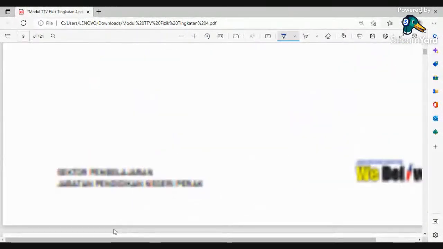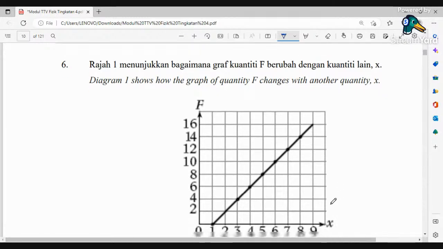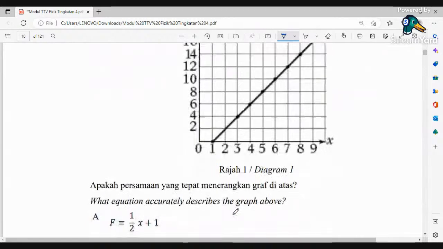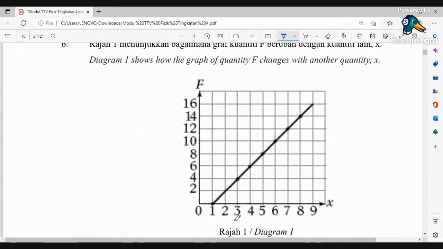Okay, we go to the next, number 6. Diagram 1 shows how the graph of quantity F changes with another quantity X, F against X. You can get the graph like this. Okay, what equation accurately describes the graph above? So this one needs you to find the equation for this straight line. Remember, this one is just like mathematics.